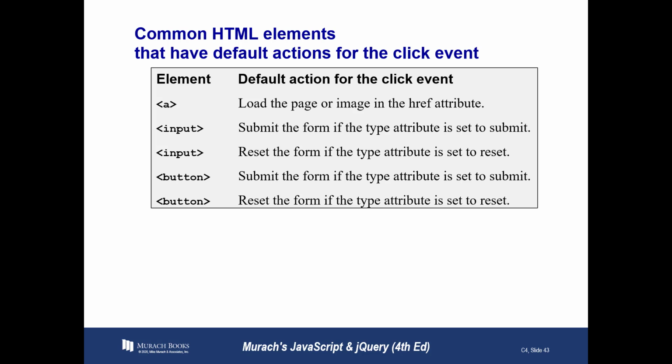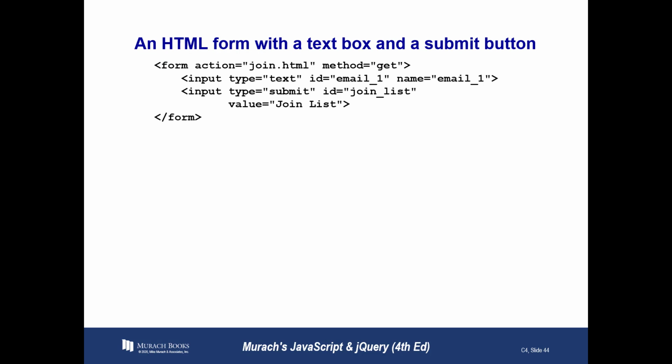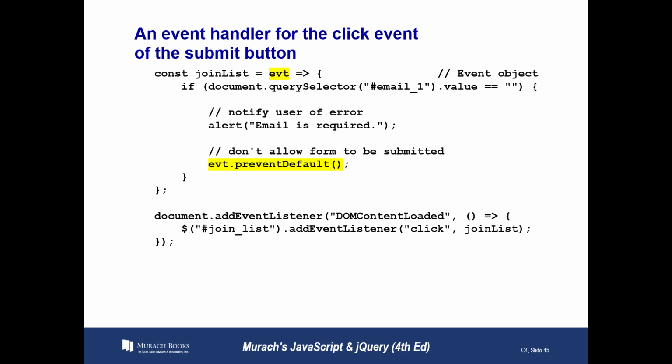So as it says, common HTML elements that have default actions. And you can read these. Load, submit, and reset. So here's an HTML form, and as it says, it has a text box, that's the type equal text, and it has a submit button. Okay. And what are we doing in here?